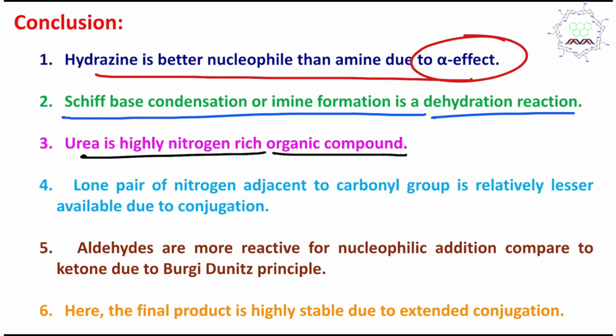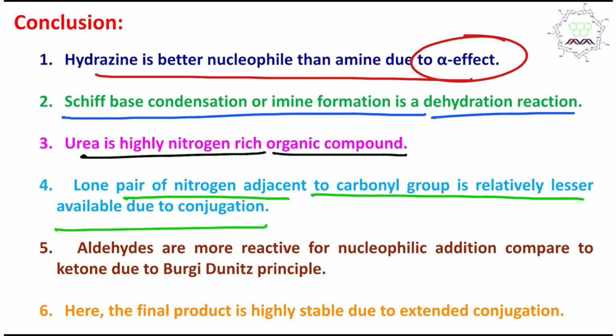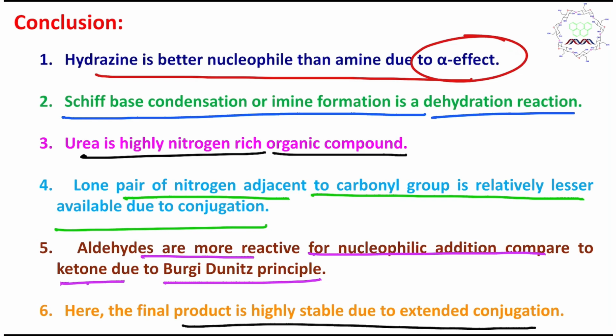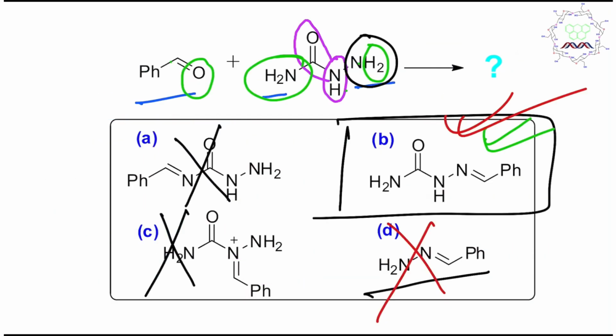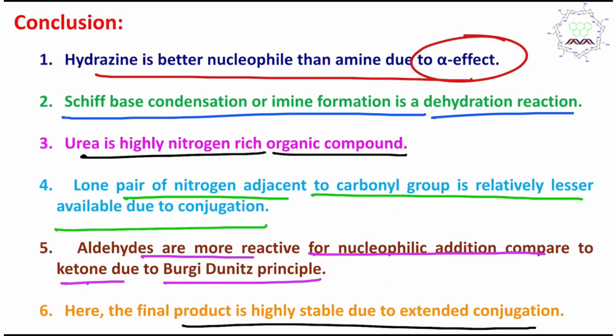The lone pair of nitrogen adjacent to a carbonyl group is relatively less available due to conjugation with this carbonyl group, and aldehydes are more reactive for nucleophilic addition compared to ketones due to the Burgi-Dunitz trajectory or Burgi-Dunitz principle. And finally, the final product is highly stable due to extended conjugation. What do I mean? See, this nitrogen lone pair has single-bond conjugation possible, and not only that, this is a phenyl group, it is also a conjugated system.